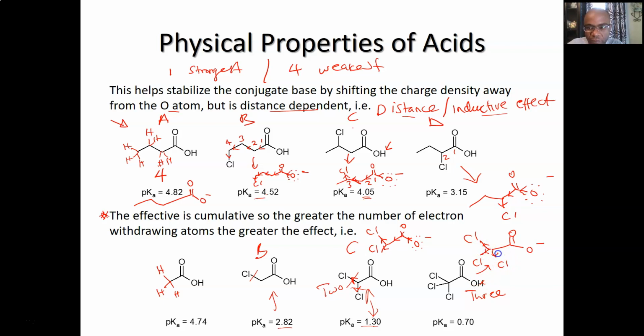It's just like playing tug of war and you have three stronger guys. You're gonna win by pulling the group on this side. So in this case, you are pulling the electron density towards the chlorine, spreading the electrons on the structure. So molecule D is the strongest acid of all because it has three electron withdrawing groups.